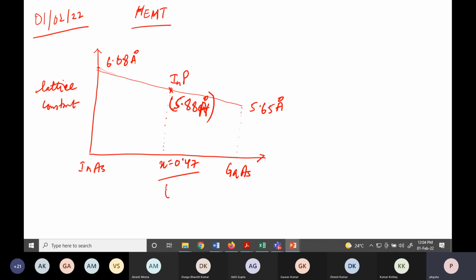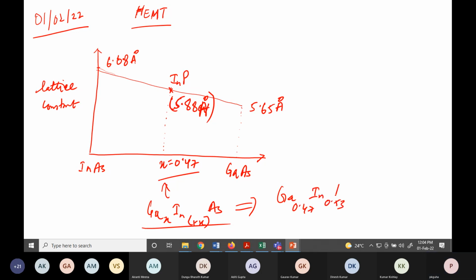For creating gallium indium arsenide, you will see in the books it is written like this, because we usually use this particular x value and deposit this material on top of indium phosphide to get a good lattice match.